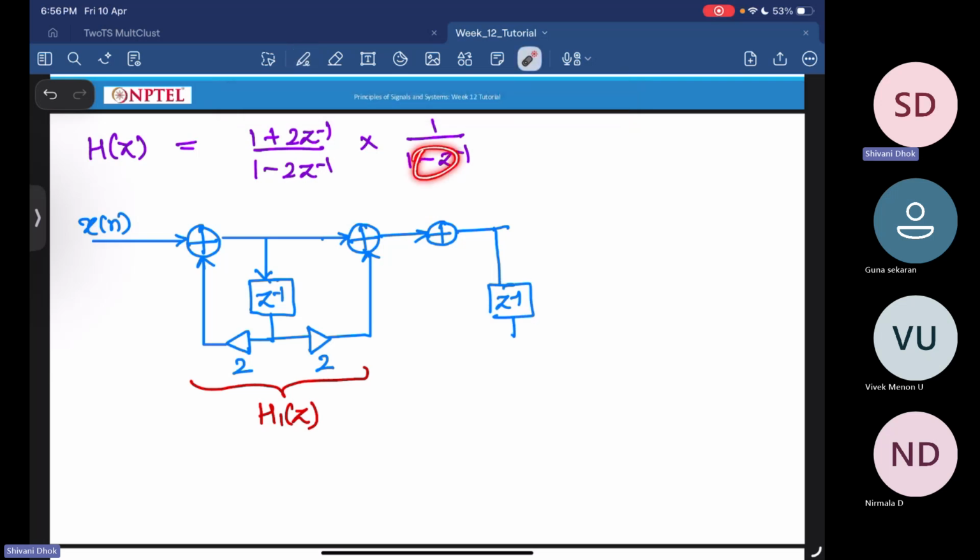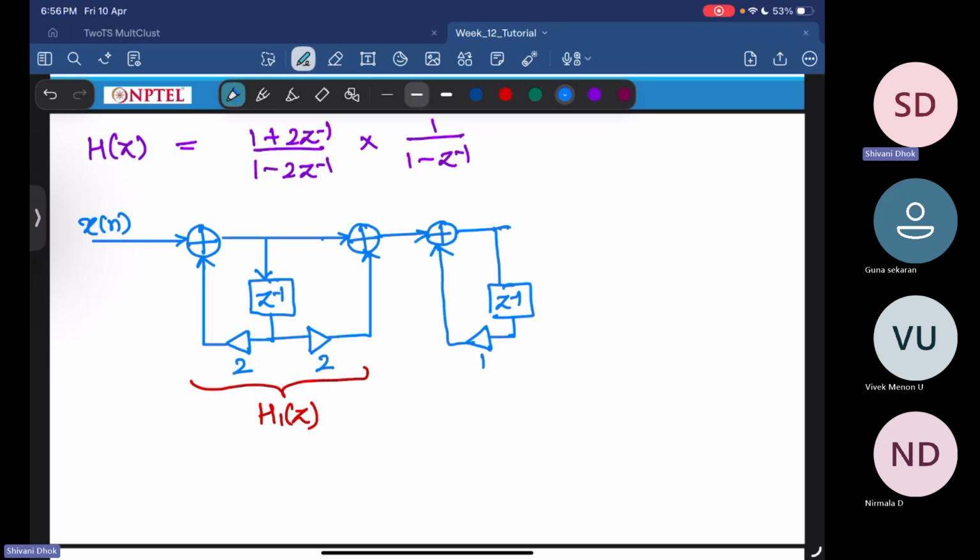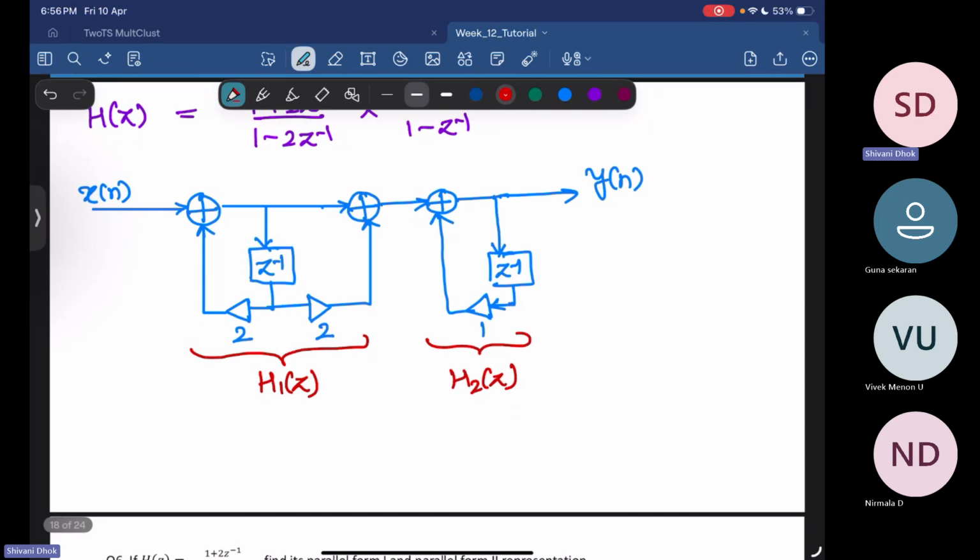And then you have a -1 here. So the Z inverse, since it is in the denominator, we'll scale it by the negative of it, like this. And this is your Y of n. So this particular part is your H2 of Z. And equivalently, this is your H of Z.